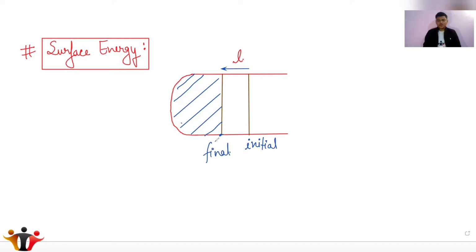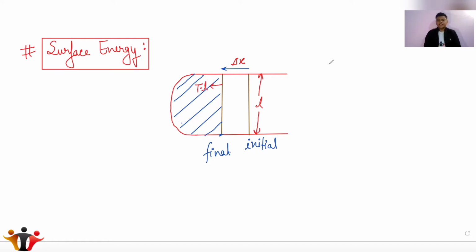Suppose it has contracted up to a length delta x, and this length of the slider is given as L. So the force acting here is T into L.